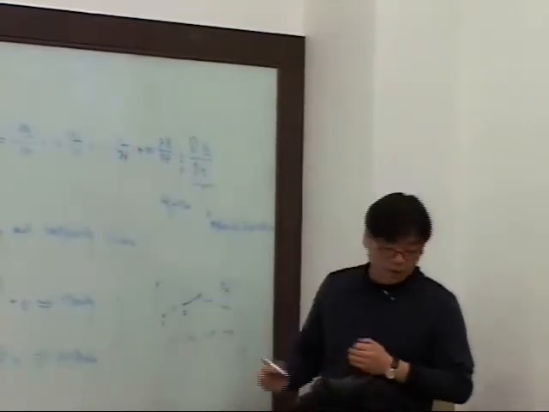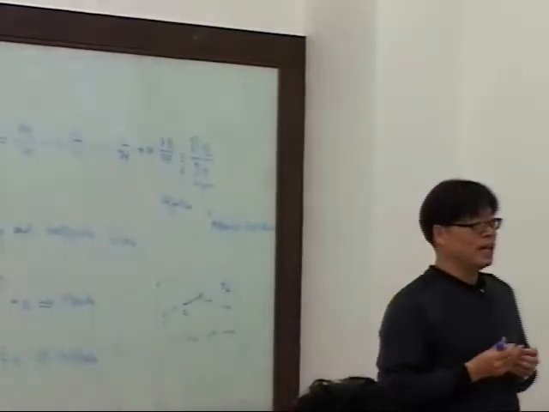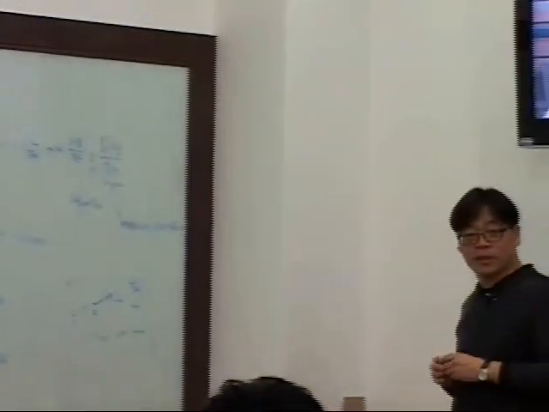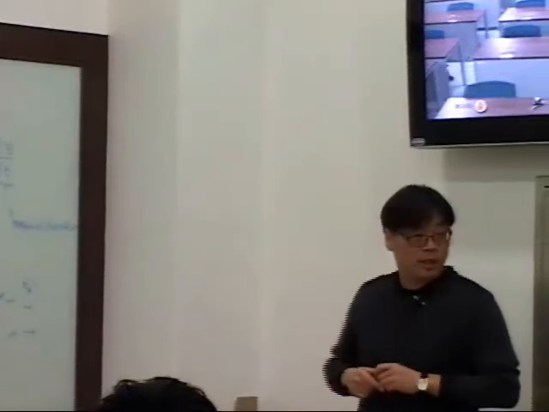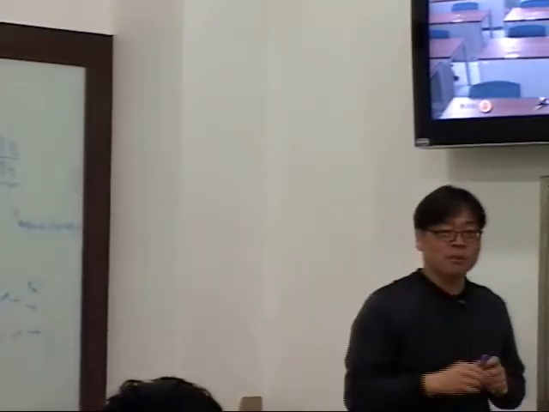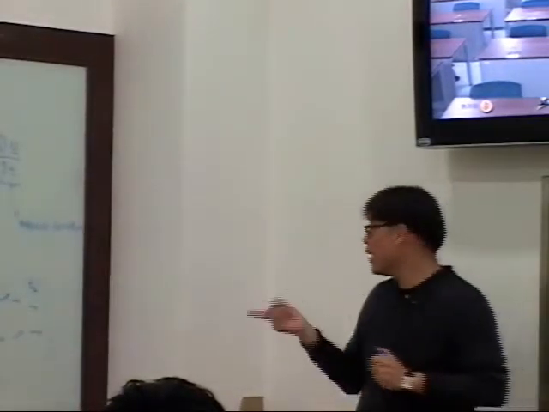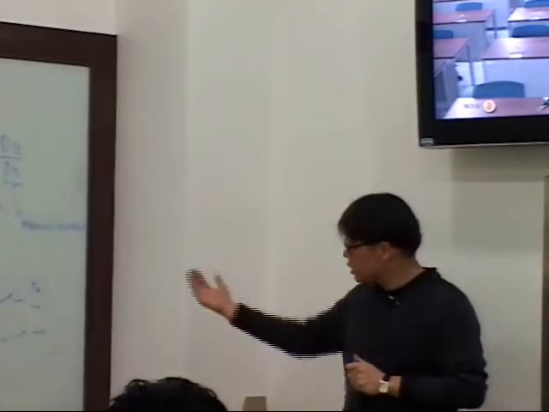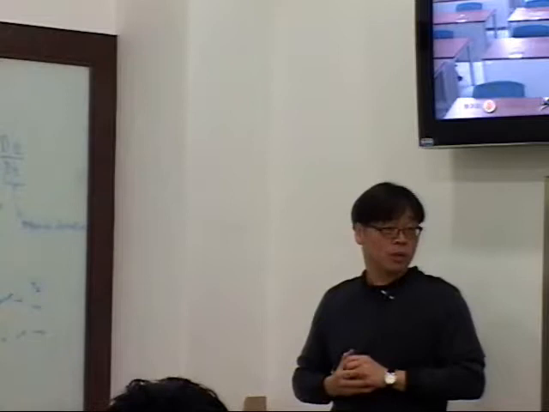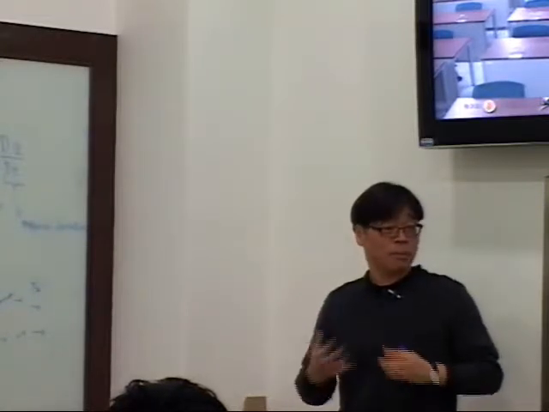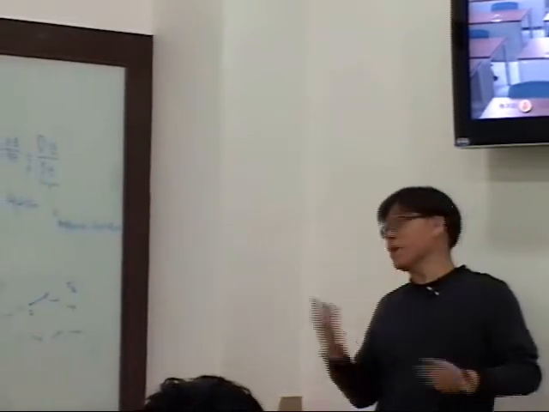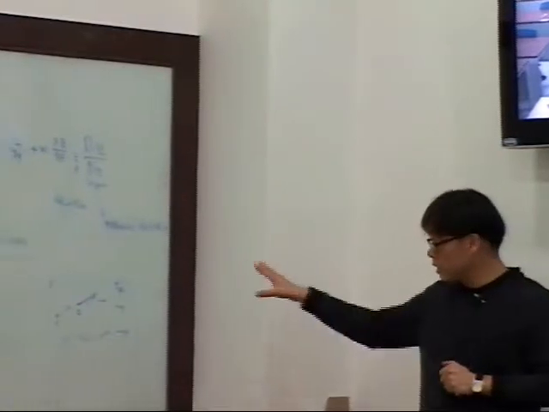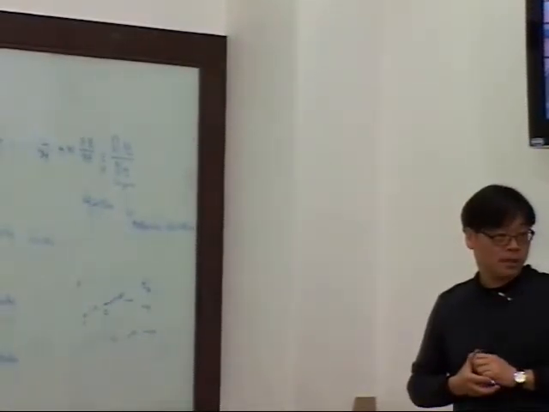In other words, if I look at the flow field at t equal to t1, I see something, and then I look somewhere else for a while. I go back and look at the same field, and I see exactly the same velocity field. That's what I mean by steady, because it doesn't depend on time. It doesn't matter when I look at the velocity field, I'll see exactly the same velocity field.